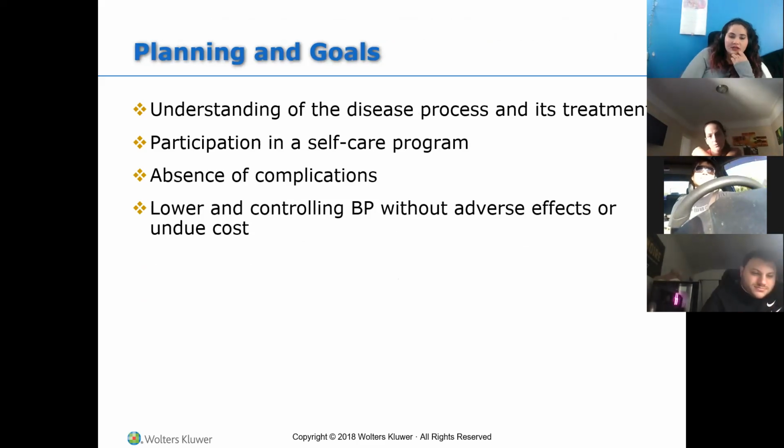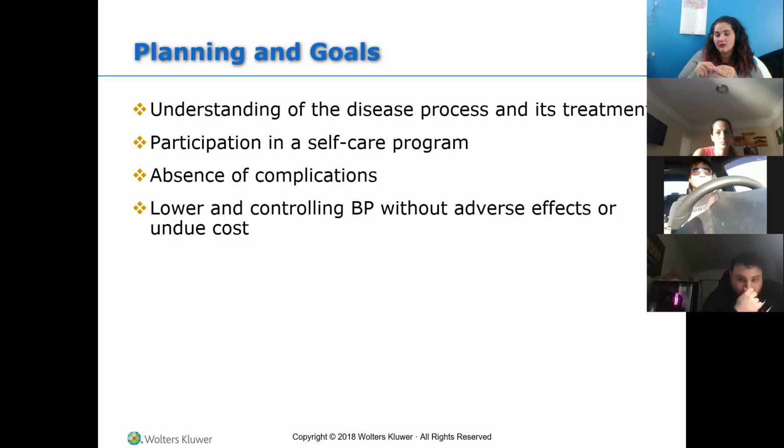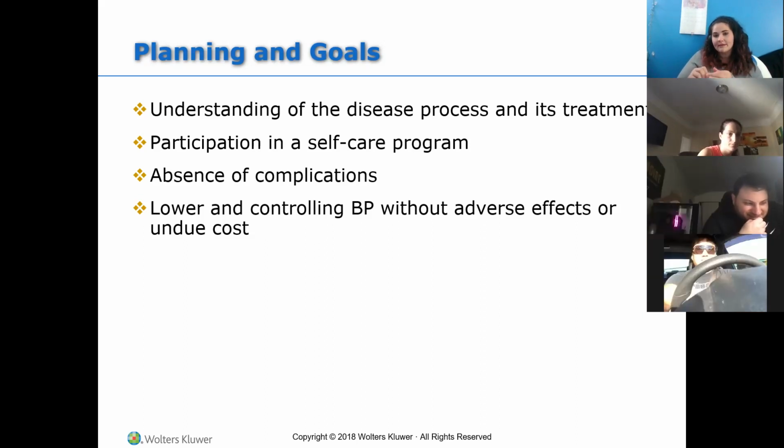So when it comes to hypertension, the biggest thing you need to do is educate your patient on what it is, how it can affect them, how they need to treat it, why it's important to maintain their treatment regimen, and to make sure that they do not have any issues when it comes to whether their insurance covers a medication or if it has side effects and they don't want to take it anymore. They need to go to the doctor when they have those issues so a different medication can be prescribed.